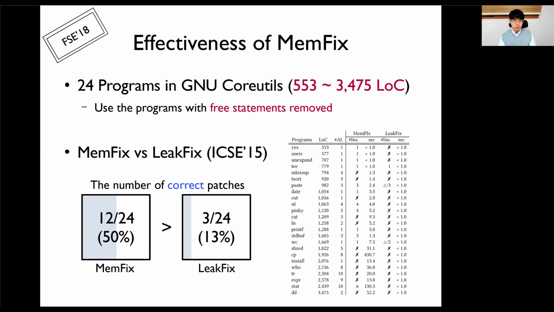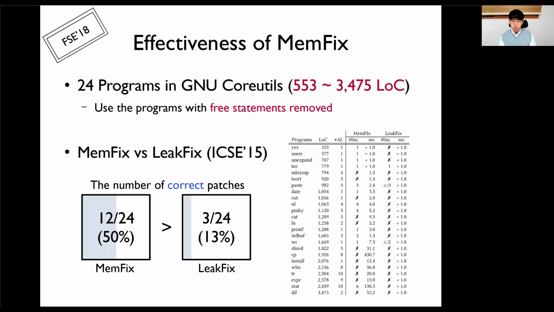As you can see, MemFix was able to fix half of all programs, while LeakFix managed to fix about 13% of the programs. That is, MemFix succeeded in increasing repairability a lot compared to LeakFix, but looking at the lines of code used for the evaluation, highlighted in red, this shows that MemFix has scalability issues.